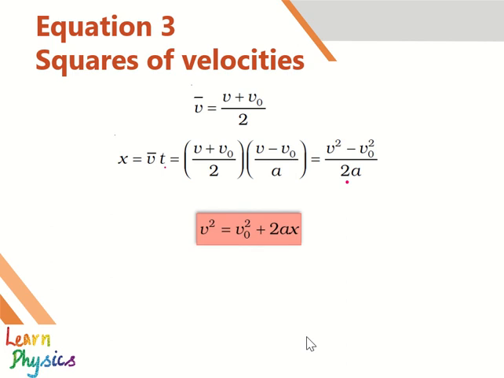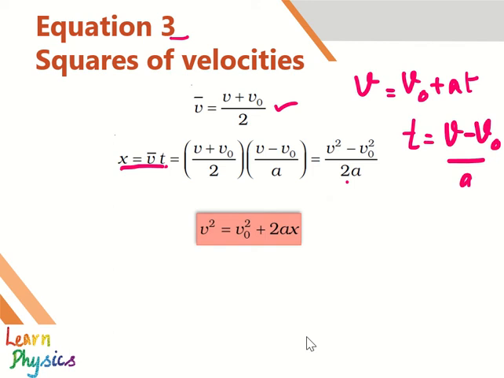Now we are going to do equation 3. This gives the squares of the velocities. Let's start with this equation from equation 2. We know x equals v bar t, where v bar is the average velocity. From equation 1, we know v equals v0 plus at, so I can write t equals (v minus v0) by a. Instead of t, I substituted this, and this is the average velocity v bar.